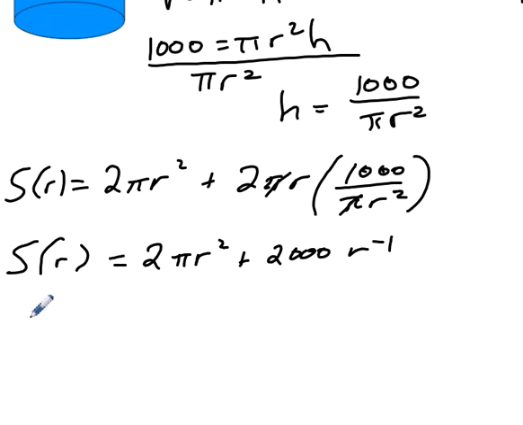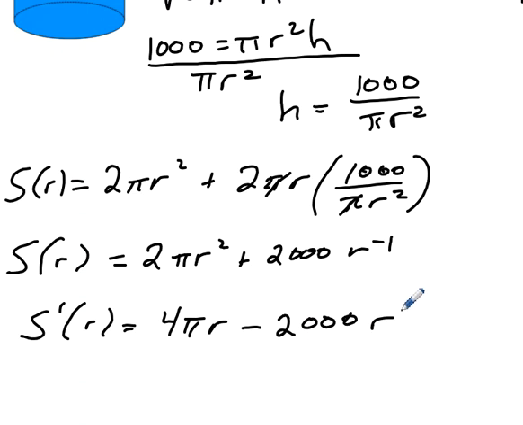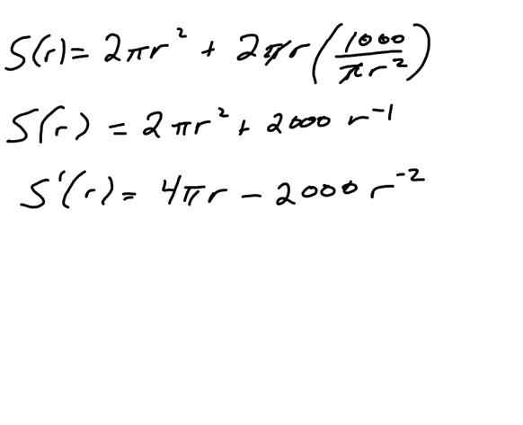So now, because I have it just in one variable, I'm going to take the derivative. Remember, our maximums or minimums are going to occur at values where either the derivative is undefined or zero. So now I'm going to get a common denominator.